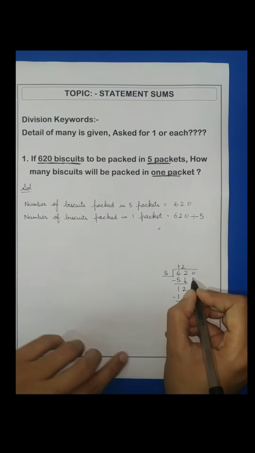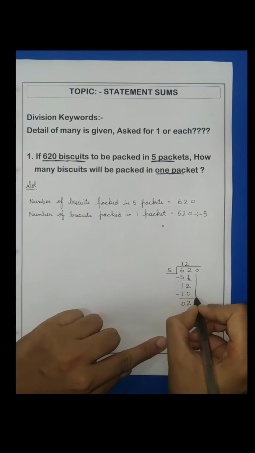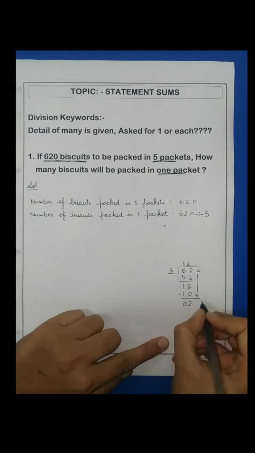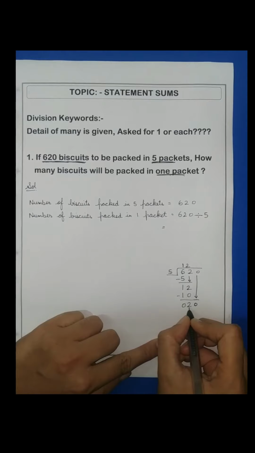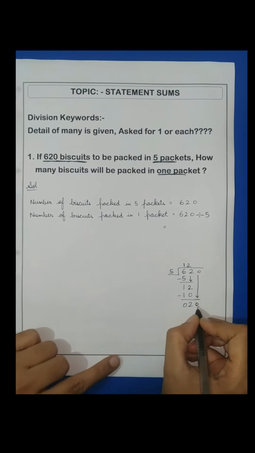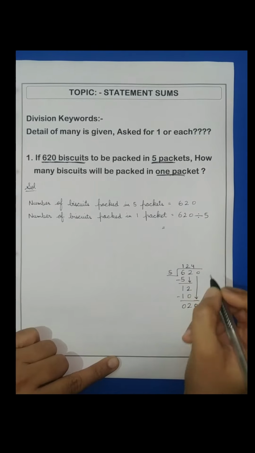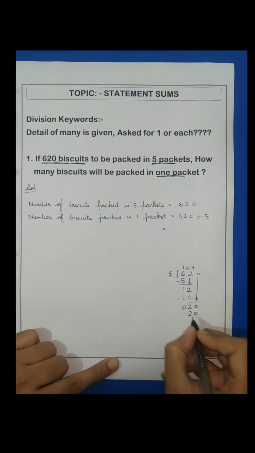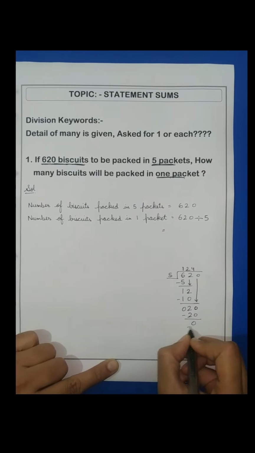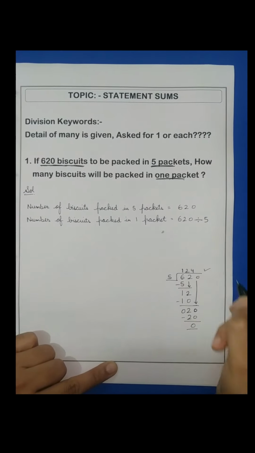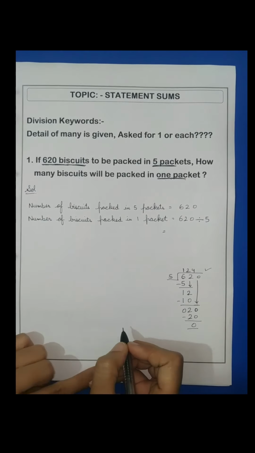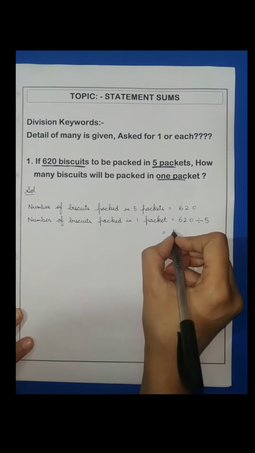2 minus 0, 2. 1 minus 1, 0. Now bring down the next digit, that is 0, from ones place. Now the number is 20. Dividend is 20. 20 divided by 5. 5 4s are 20. 20 minus 20, 0. That means 124 is the quotient and it is our answer also.